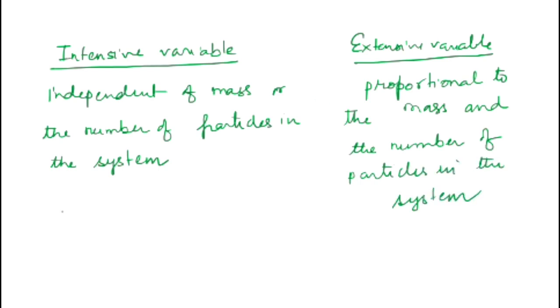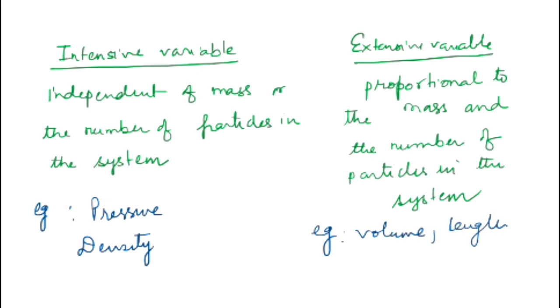Examples of intensive variables are pressure and density, whereas examples of extensive variables are volume, length, area, and magnetic dipole moment.